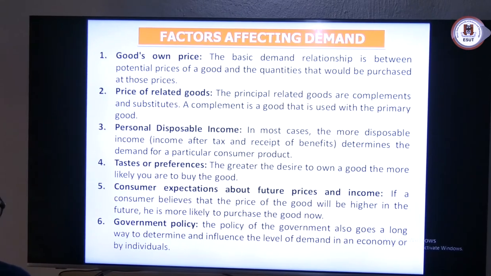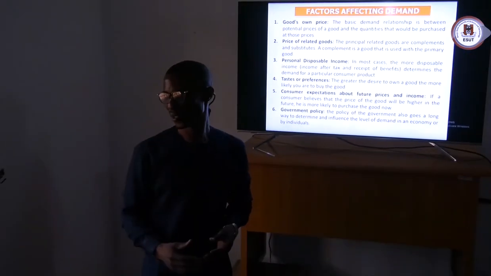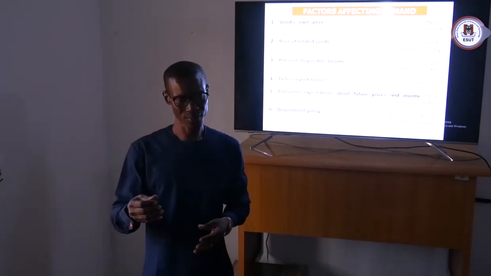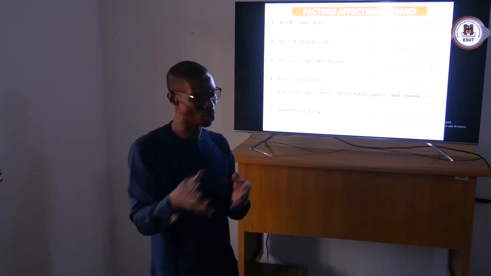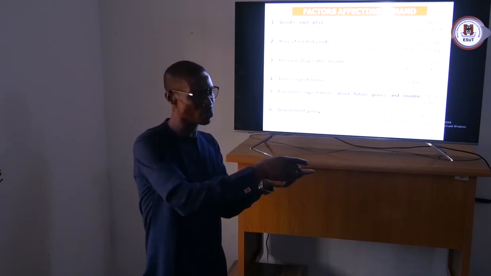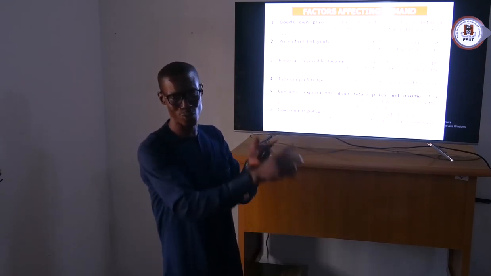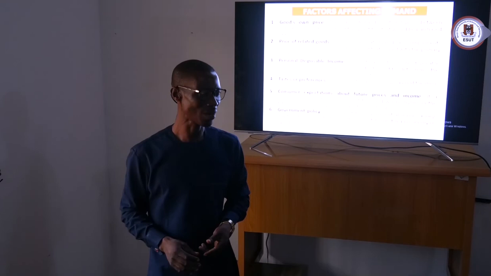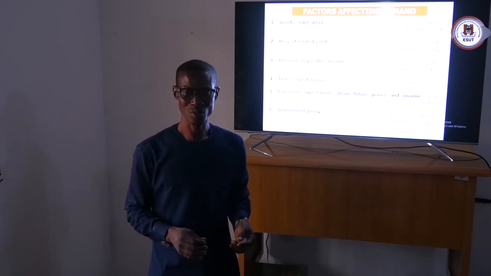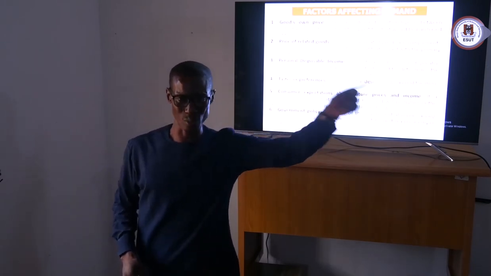When you have goods that we call joint demand goods, or related demand, or goods that you can always substitute for one another, the demand for one good is going to reduce when the price increases, because the consumers will substitute to the nearer good. We call it a substitute kind of demand. So it means that the price of one good will affect the demand for the other good.